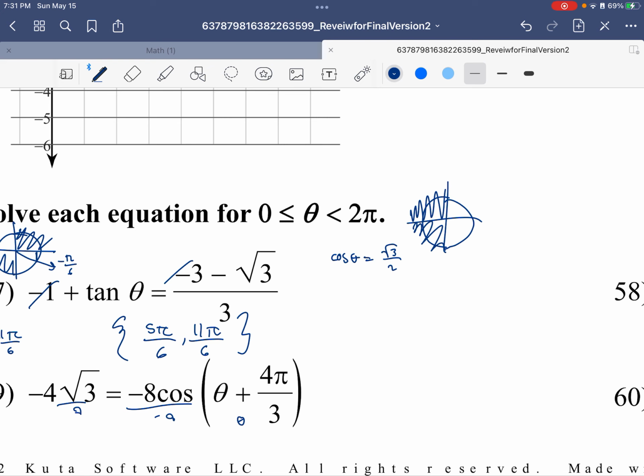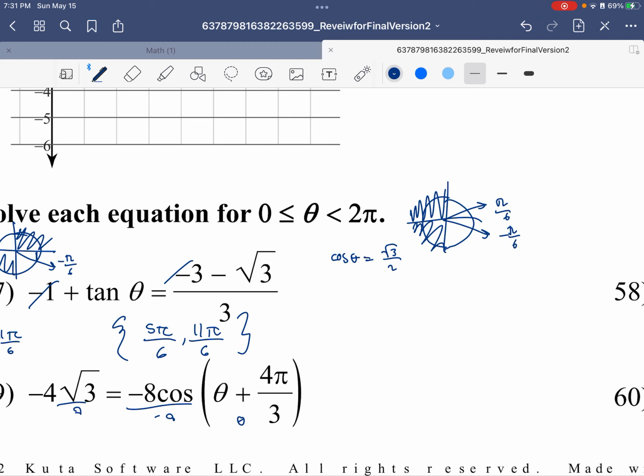So it can only be these two, and that would be here and here, so pi over 6, and then negative pi over 6.